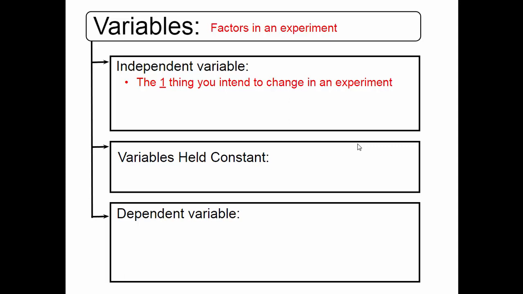So in the mouse experiment, what was the independent variable in that experiment? Right? Yeah, the amount of vitamin C I was giving them. I changed that. Some mice were getting a lot of vitamin C, some were getting the regular amount. That was the independent variable. It's the thing you're testing.